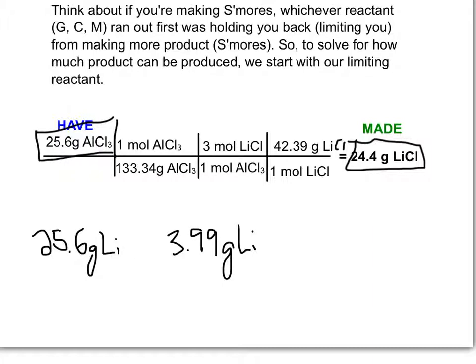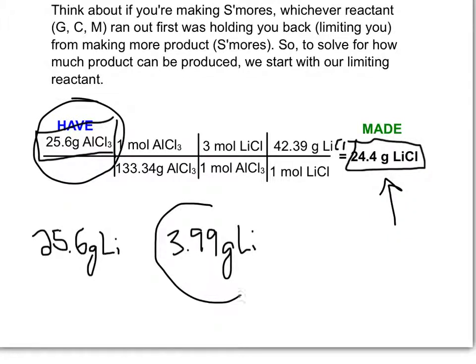But to produce this lithium chloride, I used 25.6 grams of aluminum chloride, and I used 3.99 grams of lithium.